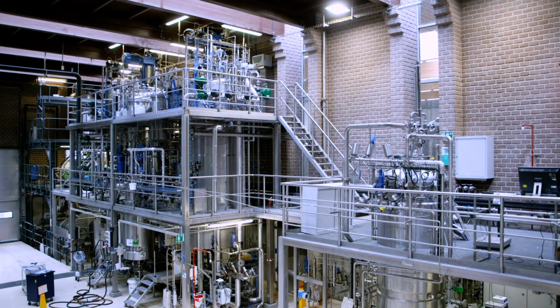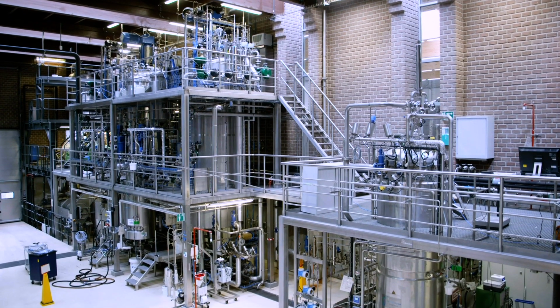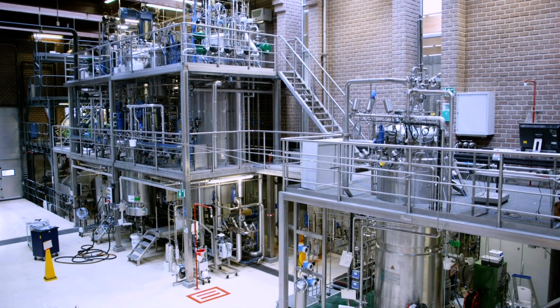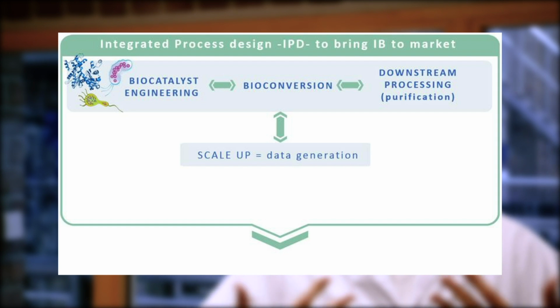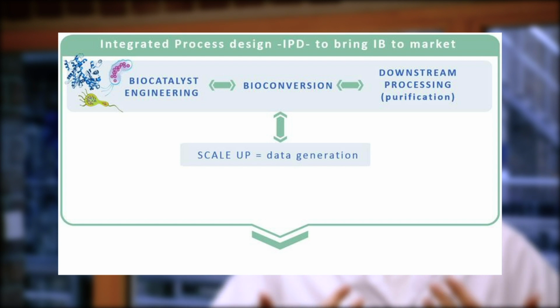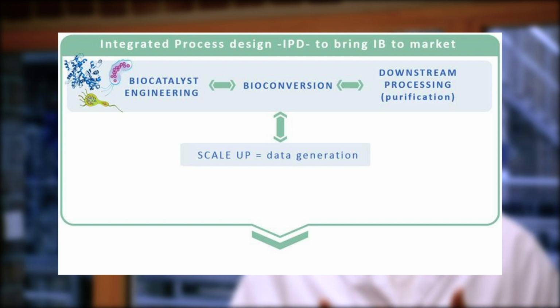In the pilot plant, first of all, we demonstrate that the process also works on a larger scale. Secondly, we generate data about the process, but also data on the economic impact, because obviously a bioprocess has to be economically feasible, and also data on the environmental impact, which is within the framework of a so-called LCA, or life cycle analysis of the bioproduct.